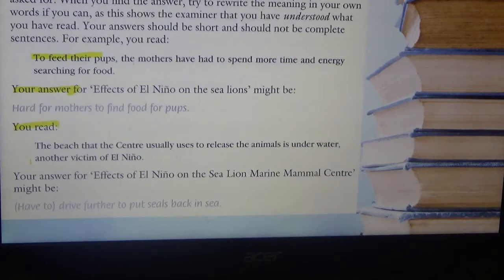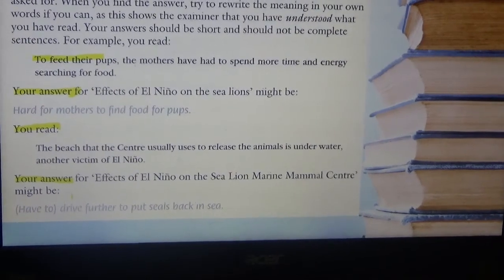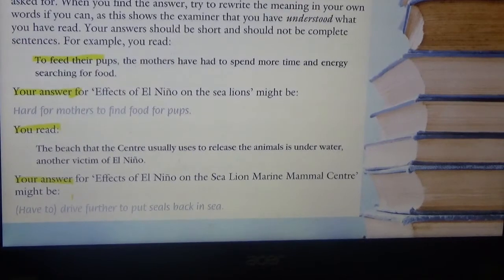Another victim of El Nino. Now your answer for effects of El Nino on the sea lion marine mammal center might be have to drive further to put seals back in sea, based on the points you have extracted from the given passage.